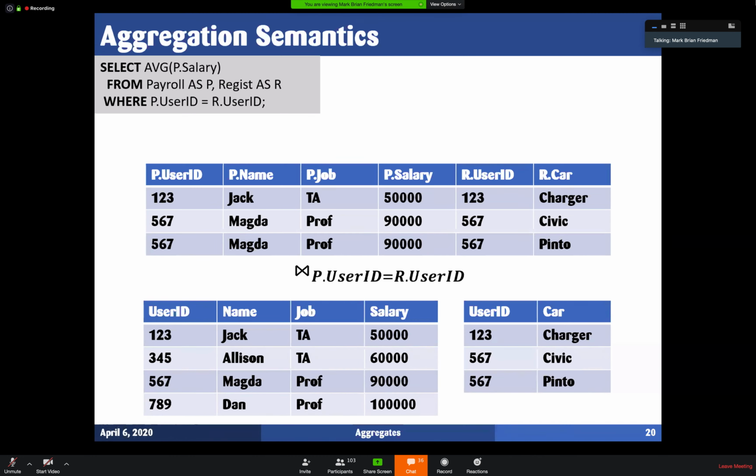Because when you take the average of that, you're going to get this number instead of the average of all 4 individual salaries. So this is not wrong logic in SQL. SQL is just going to execute what you told it to do. What's wrong is the way you specified the query. This is probably not the way you intended to compute it. Are there some questions about that?